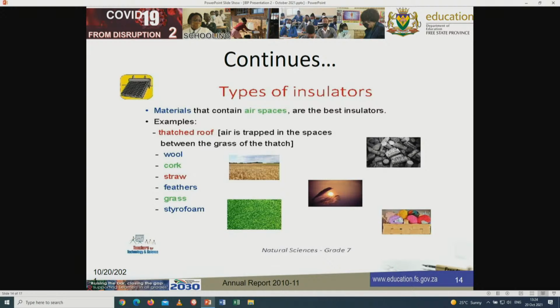Materials containing air spaces are the best insulators ever been seen.